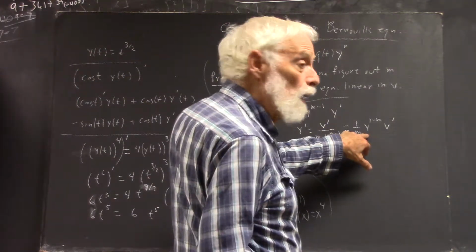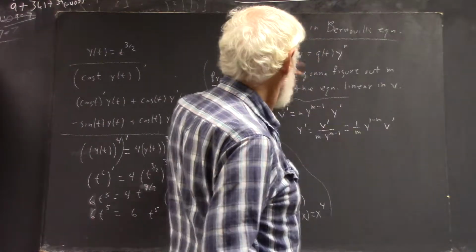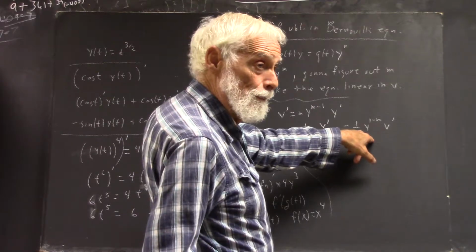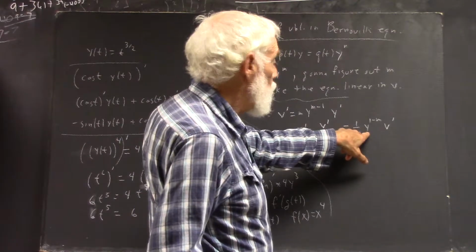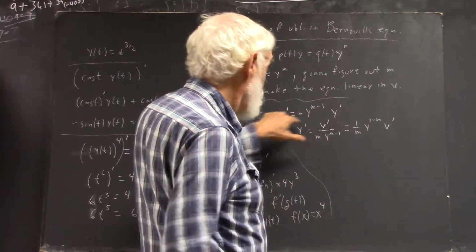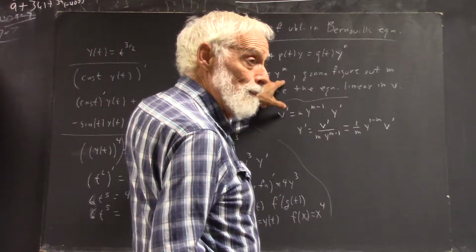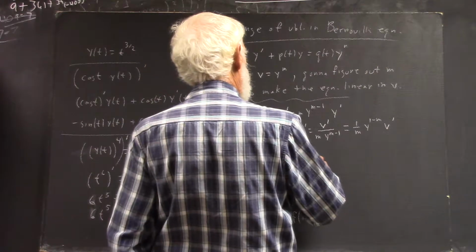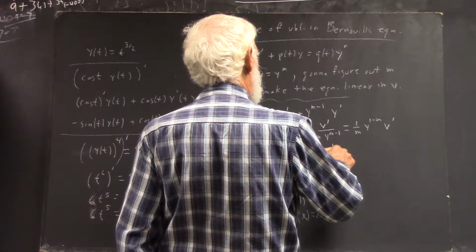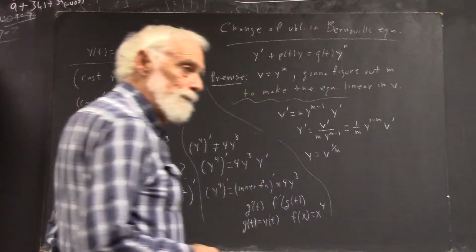Of course, I'm not going to want a y in my equation, so I can't just replace y prime by this expression. But I can express y to the 1 minus m in terms of v because of this, right? So I can also say that y equals v to the 1 over m. Okay?